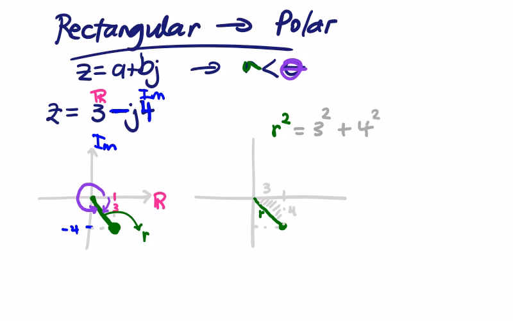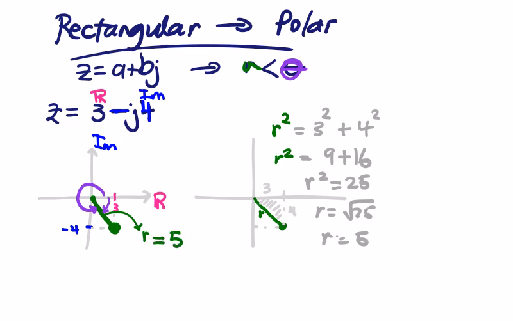So our r squared would be 9 plus 16, and that would give us 25. So the square root of 25 being 5. So that's what we know straight away. The r is 5. The length of that segment, or the modulus of this complex number, will be 5.